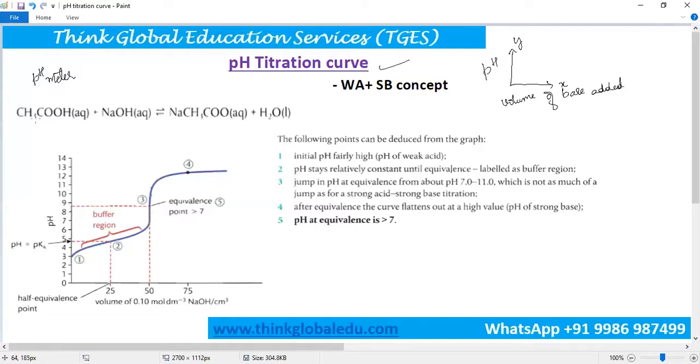We shall now study an example of a weak acid and strong base pH titration curve. Here in this example, we have considered the weak acid, acetic acid, and a strong base, sodium hydroxide.